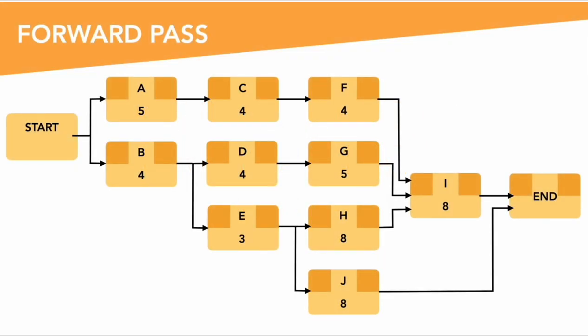Now I need you to draw 4 little boxes in the corners of each of these nodes. The top left and right represent the early start and the early finish.